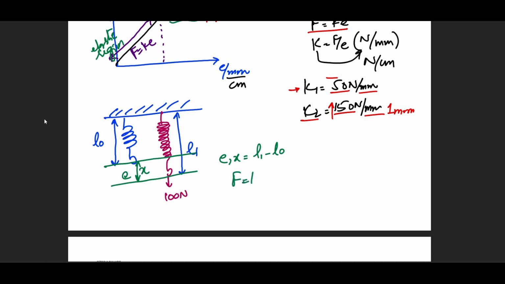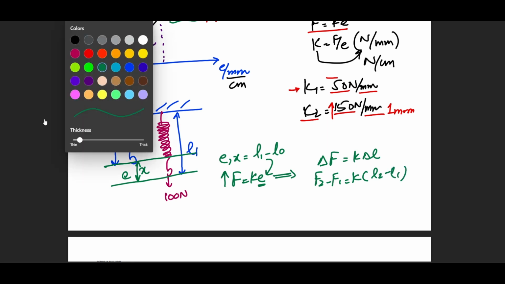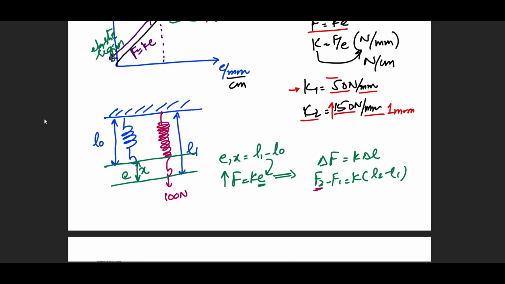So that is what we're writing down in Hooke's law formula, that the change in length is caused by the application of force. If you open up this formula, it looks like this: change in force is equal to K times change in length. This becomes F2 minus F1 equals to K times L2 minus L1. Be advised that the current force will be for this length, and an initial force will be for this length.